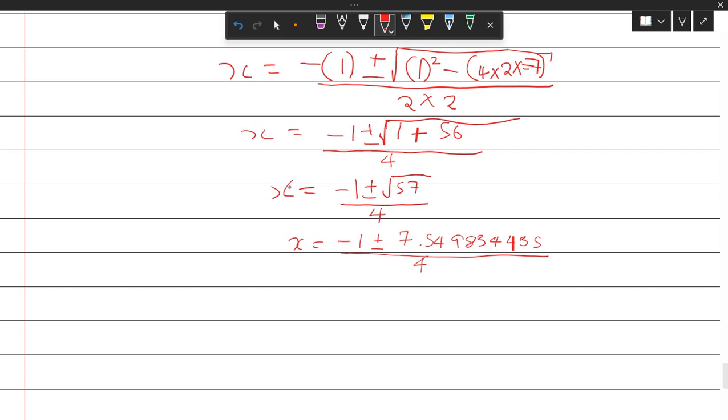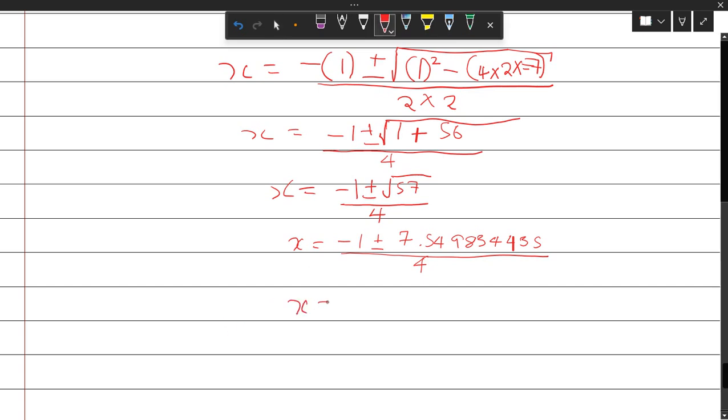So now, meaning x has 2 values. One is -1 plus this value here, over 4. Then another one, -1 minus this same value here, over 4. So now we split it.